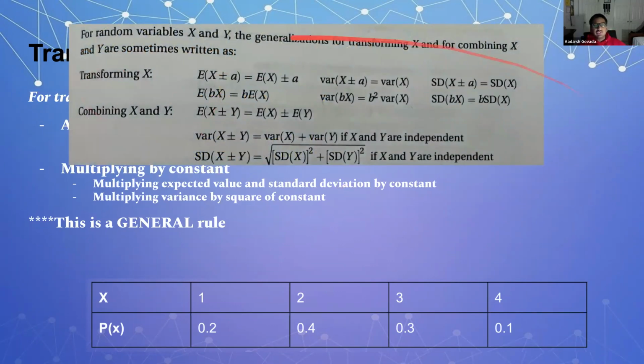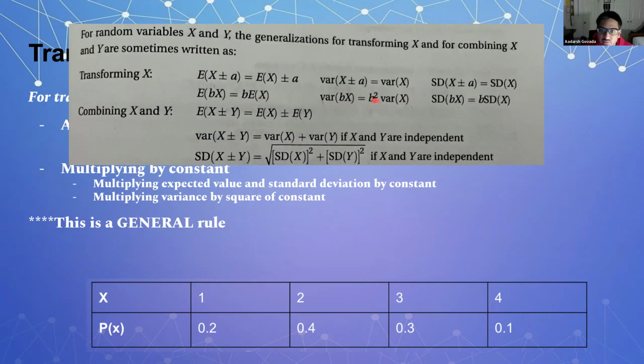So here are just some formulas to demonstrate that. This is just the sum and difference rule for expected values. This is sum and difference for variances, which means it's the sum because it's the same thing for variance. And then here's standard deviation. Then this is for multiplying for expected values.